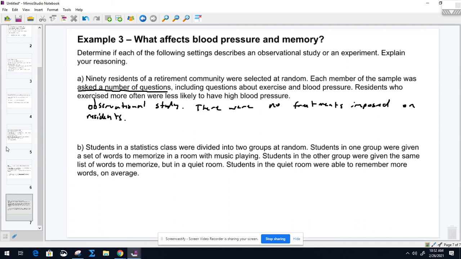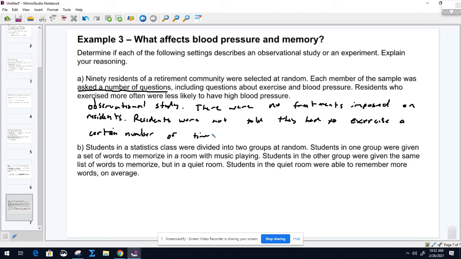In other words, residents weren't told to exercise a certain number of times per week. So residents were not told they had to exercise a certain number of times per week.